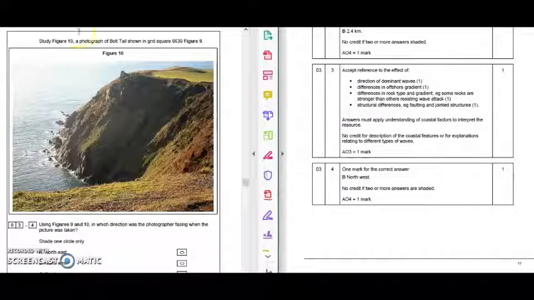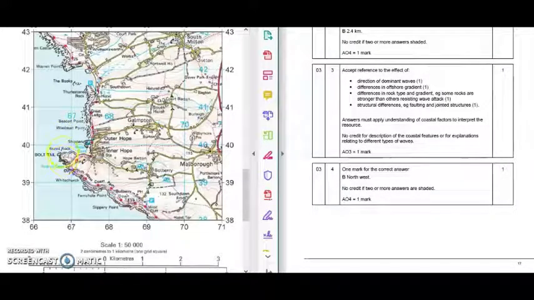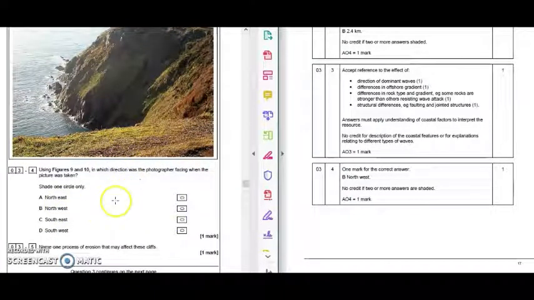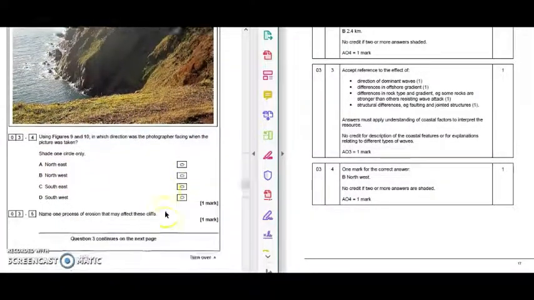So looking at the photo again, you can see you've clearly got the headland here. So if that is this bit here, they must have been standing somewhere around here, facing in a northwest direction, because all we've got in the photo is the headland and then the ocean in the background. So the answer will be B, northwest.